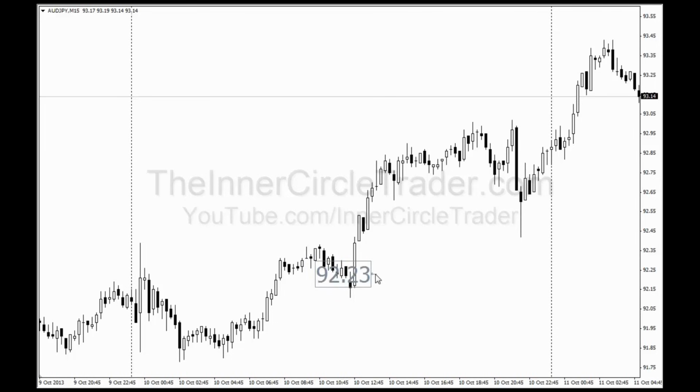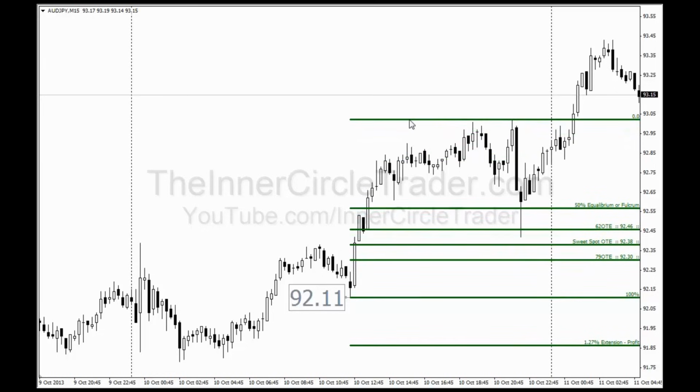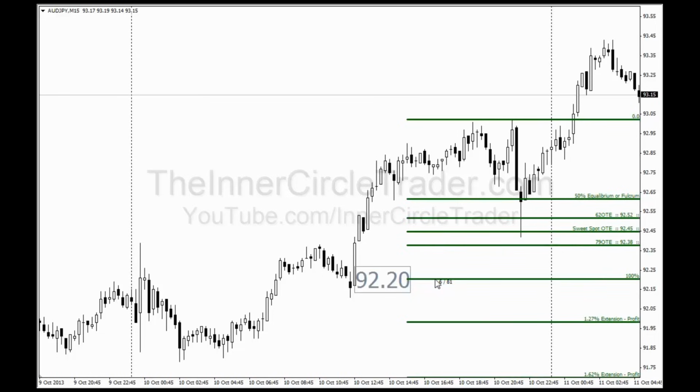two opportunities in here. We have this level right here, 92.11. Price is rallying up. It starts to retrace. You're still overall bullish. So what are you going to be looking for? Retracing back down to the 62 to 79 percent retracement level. You get that right here. And if you use our unfulfilled range concepts here, we expect price not to come back down to the institutional level.